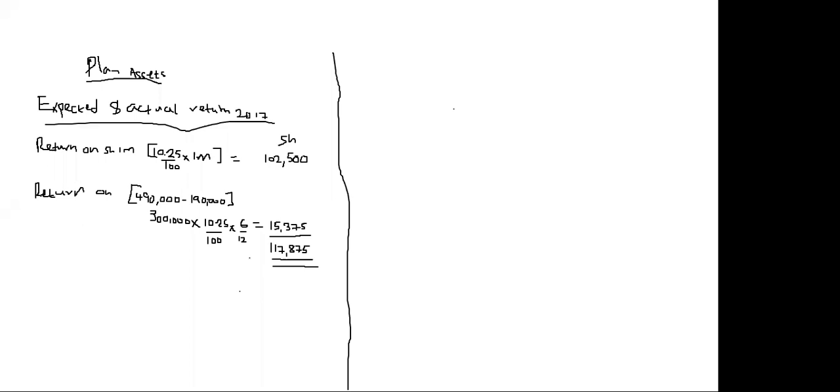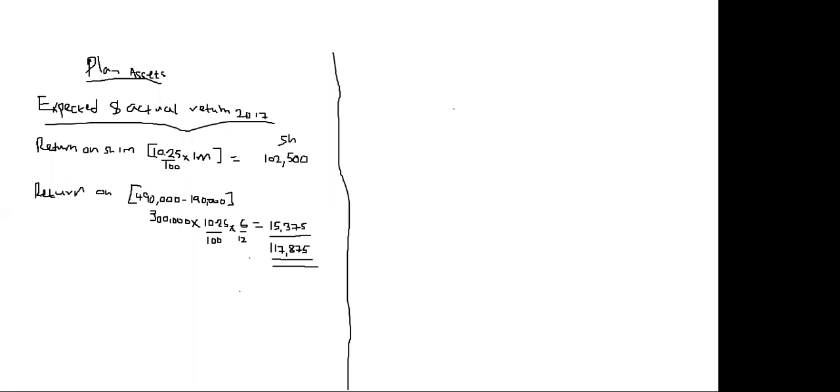Now the next item is to get the actual return on the plan assets. What we will do is take the fair value of the plan assets as at 31st December 2017, and then we subtract the fair value of plan assets as at 1st January 2017, which we have as 1 million.